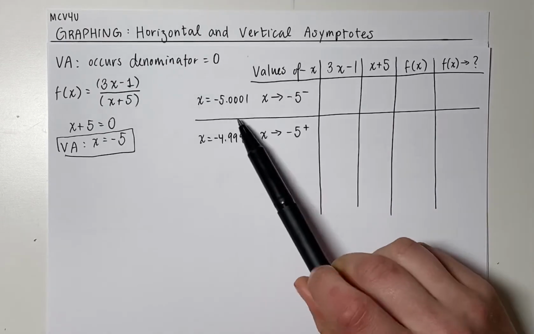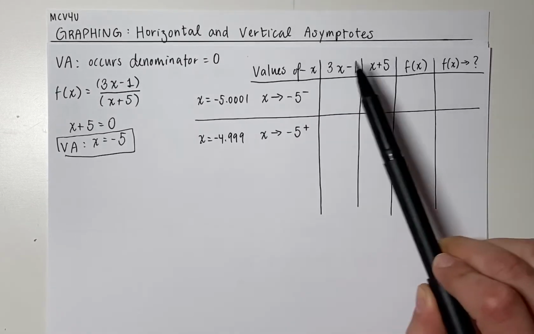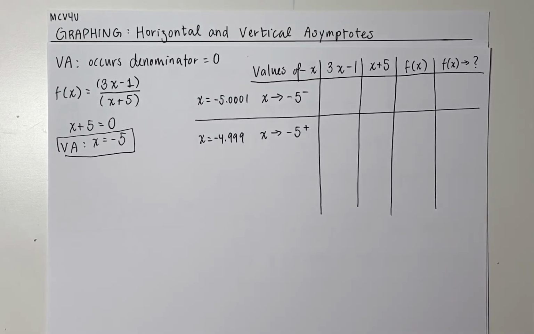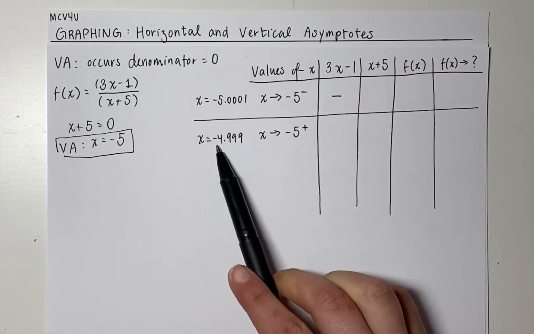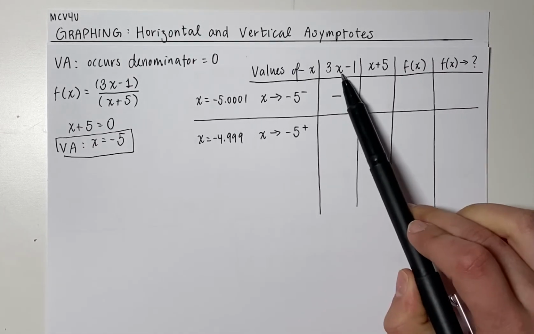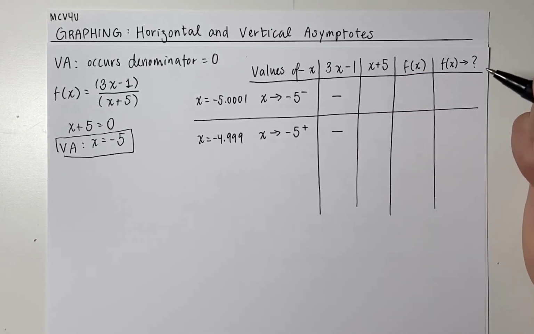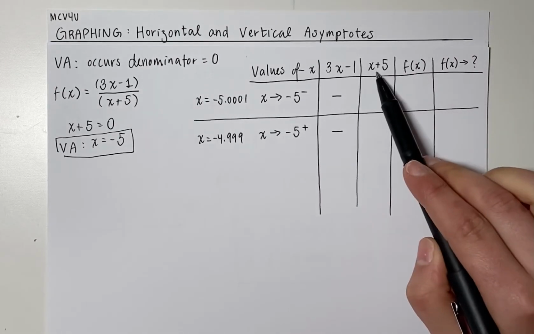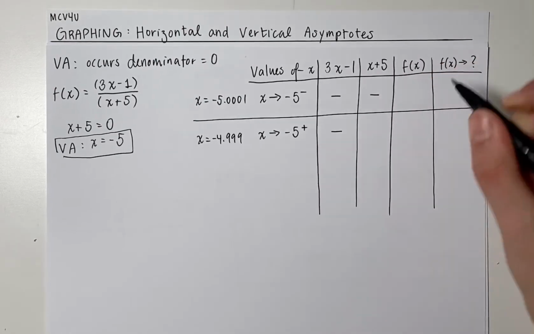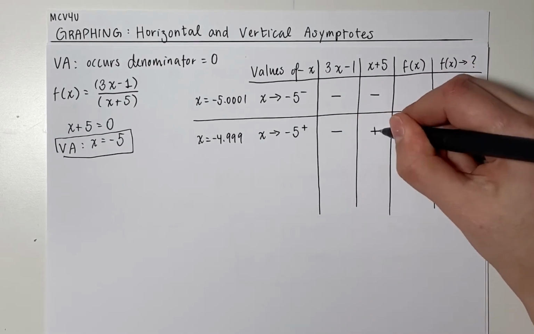If we take negative 5.0001 and sub that into 3x minus 1, you put it into your calculator, you'll get a negative number. If you put negative 4.9999 into 3x minus 1, once again, you'll get a negative number. You do the same thing for x plus 5, so negative 5.0001 plus 5 gives us a negative, and negative 4.9999 plus 5 gives us a positive.